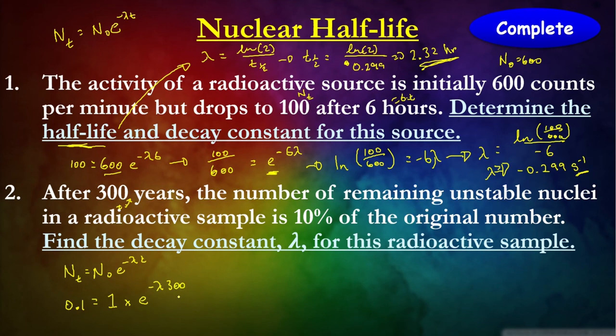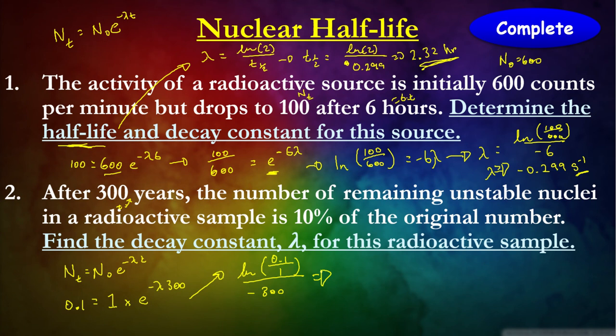Okay, so do the exact rearrangement as we did in the question above. So we have the log of 0.1 over 1 divided by negative 300.